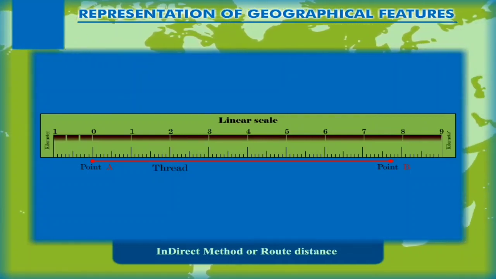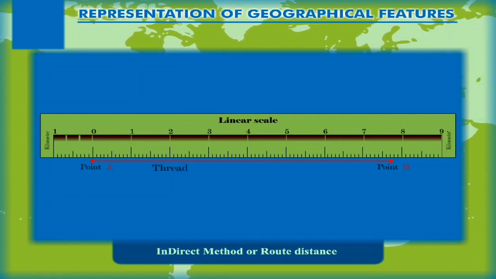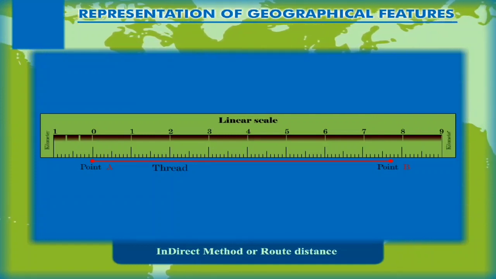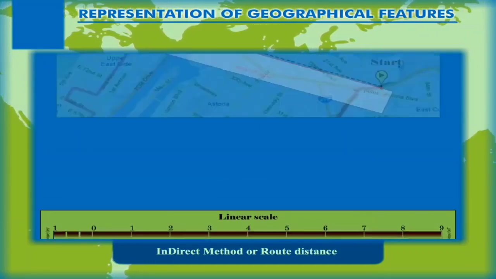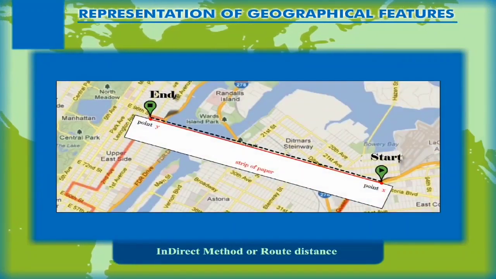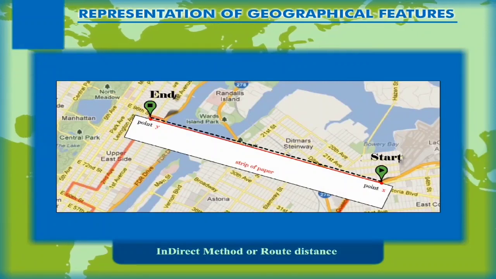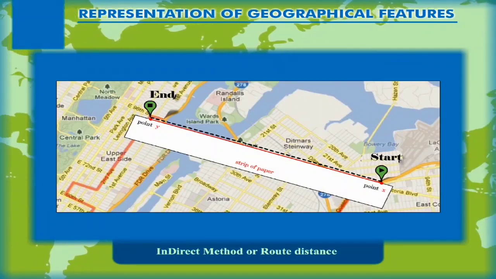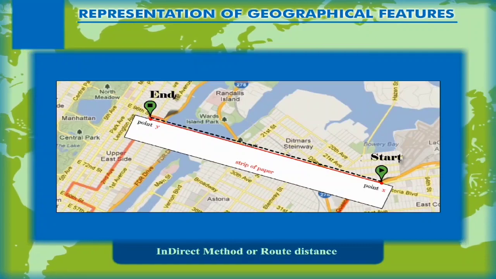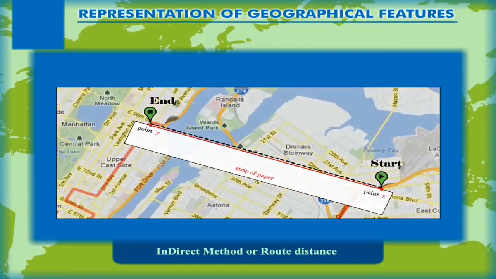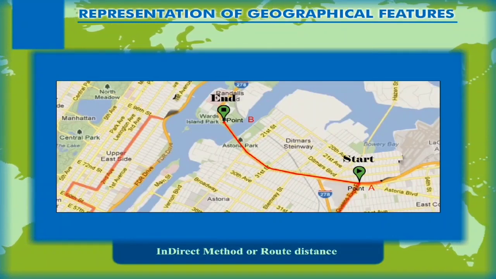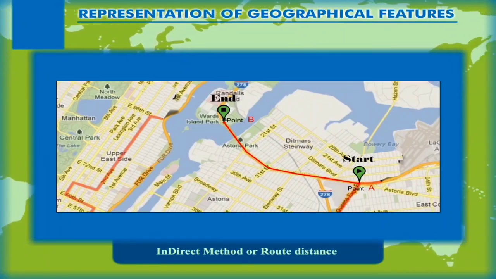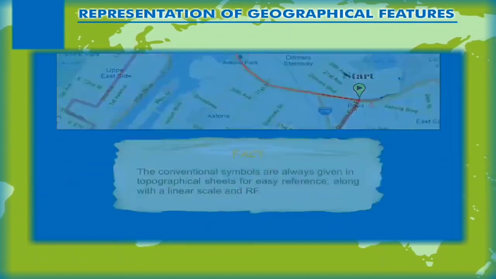Then the distance is measured on the linear scale by stretching the thread or twine along the scale. Measure the direct distance from point X to Y in kilometers, as shown in the figure. Measure the indirect distance between points A and B using a thread.